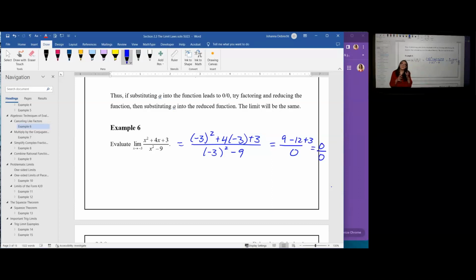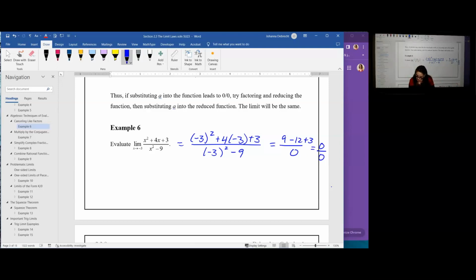This means that the function is not defined there, but the limit could still exist. It may or may not. We don't know exactly what we have in the graph there. It could be either a vertical asymptote or it could be a hole.